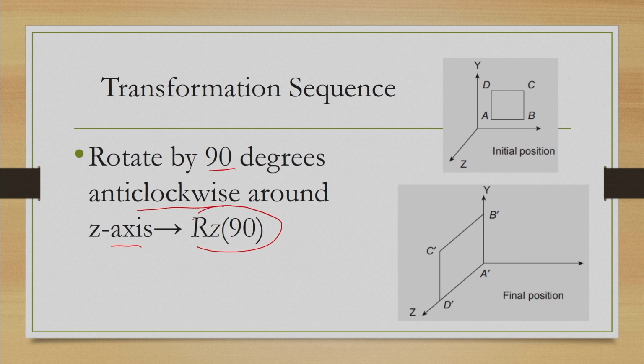So, we will use the rotation matrix defined for rotation about z axis with the angle of rotation 90. Since the rotation is anti-clockwise, so it will be positive angle.